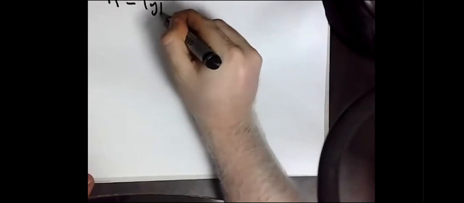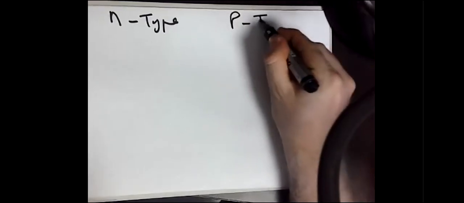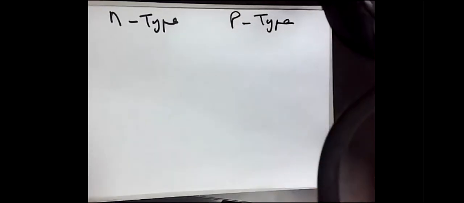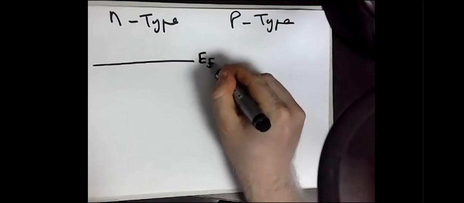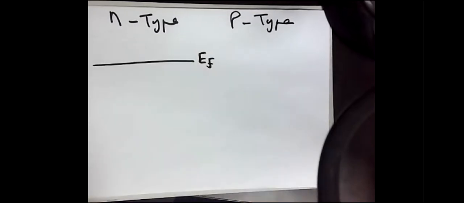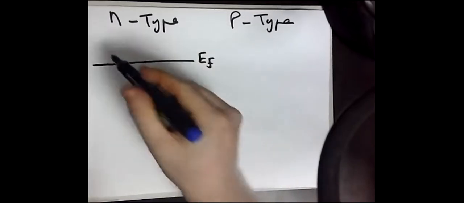So we have a p-type region, okay, so I think this is now much better, and we have a p-type region. For the n-type, we have a Fermi level, which is EF, and the conduction and the valency band are as follows.